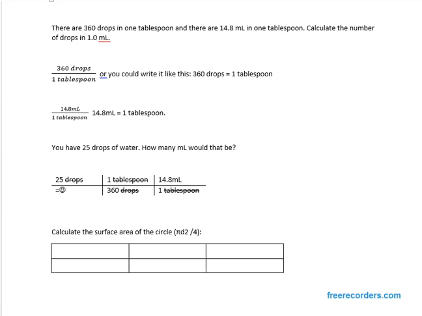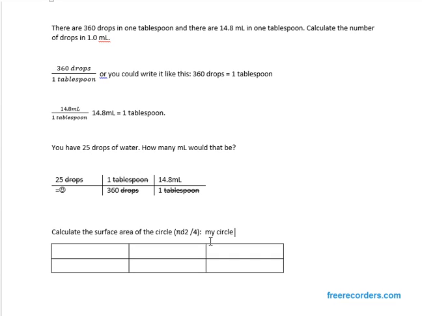Okay, there was also a question about calculating the surface area of a circle. So I'm going to say that my circle has a diameter. A diameter is the whole measurement from one side to the next, not the distance around the outside, but if you measure from the top to the bottom, the diameter would be that length.